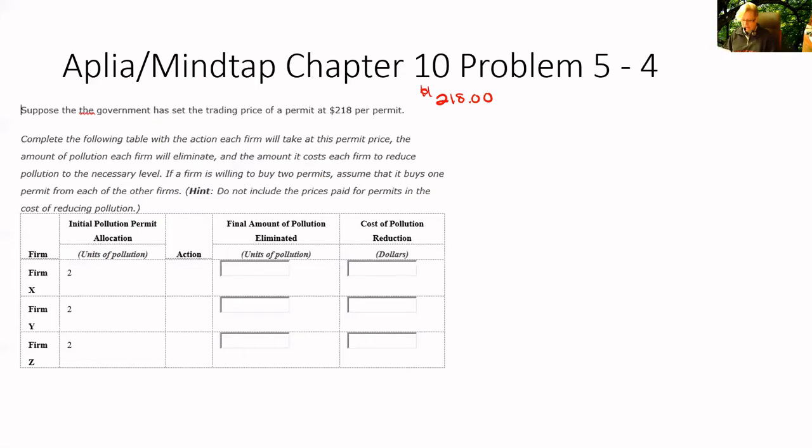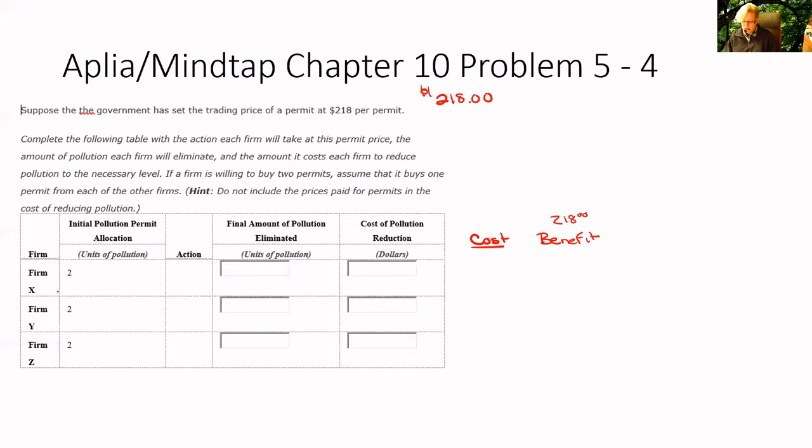So at this part of the problem is where we want to take a look at, okay, what's the cost? I'm going to make a little cost here, and we're going to use the cost that we previously calculated. And then what's the benefit? And the benefit is going to be the 218 that they gave us in the problem. Okay, so let's do X first.